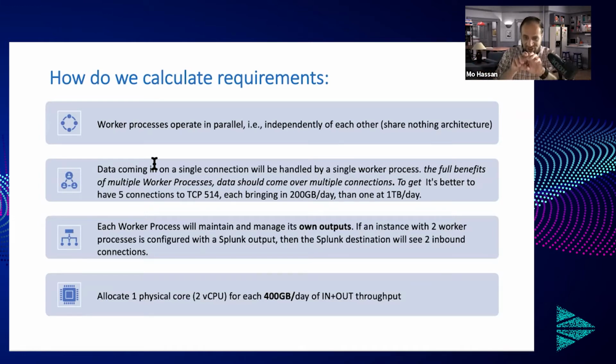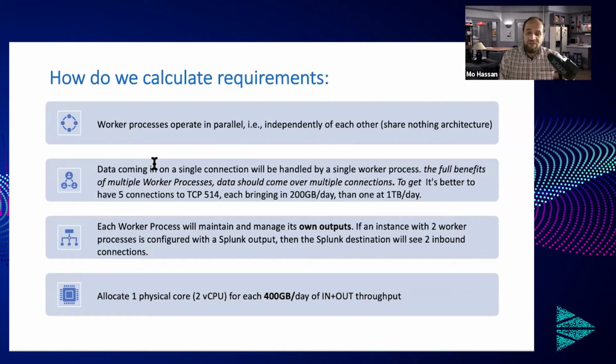It's almost like scaling horizontally again within the server itself. So remember, if I'm sending 1 terabyte, it's better if I can, through a load balancer or other mechanism, spread this single connection among multiple connections to get to the total throughput. It becomes really a big factor, especially in a Splunk cloud.